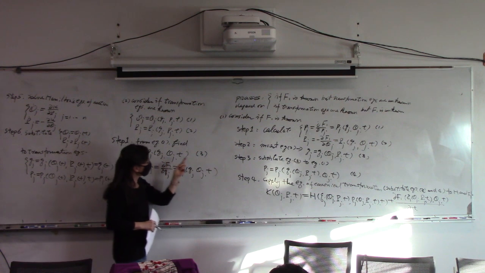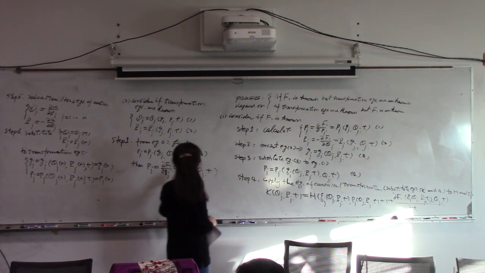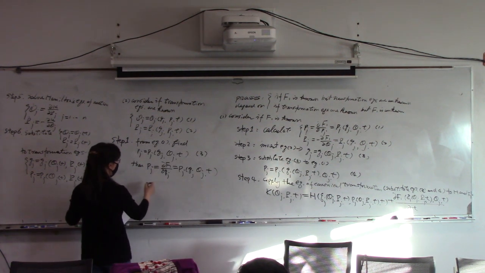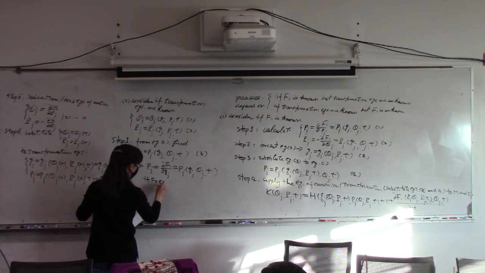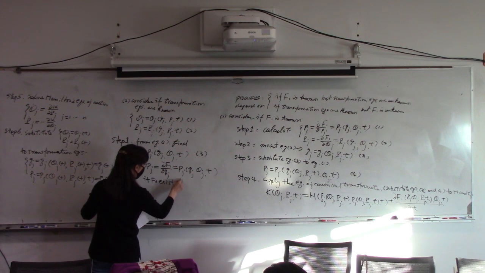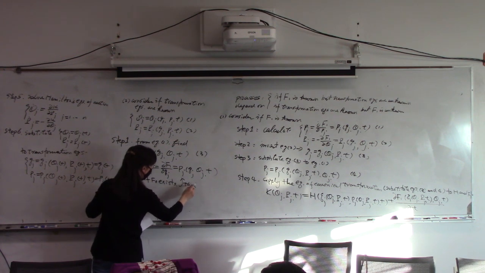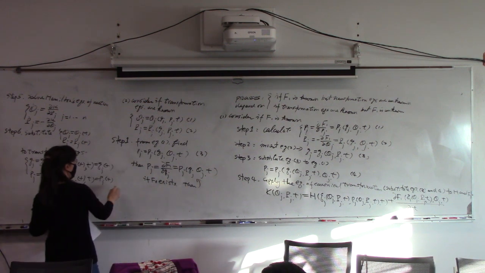Then, if it exists, follow this. Suppose this exists, then we have this solution. So that's step 1.